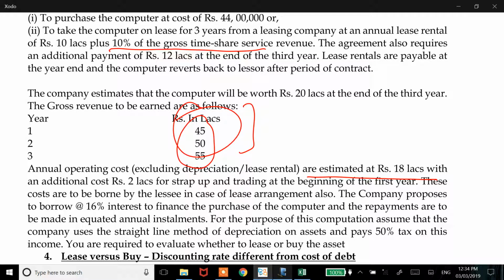The present value of outflow of loan option can be computed using the shortcut method.